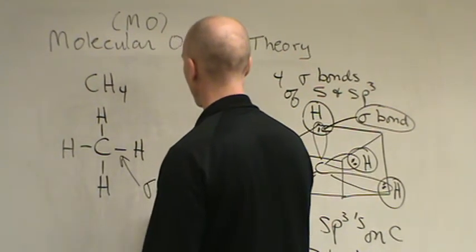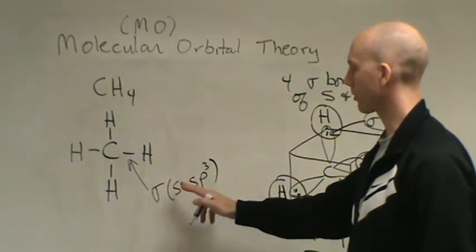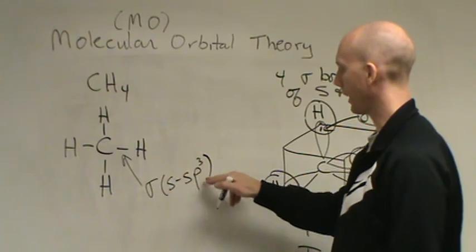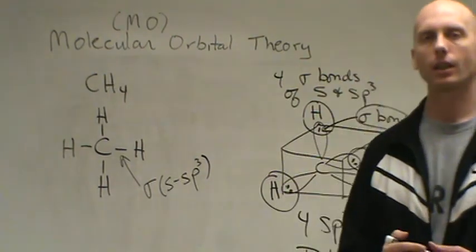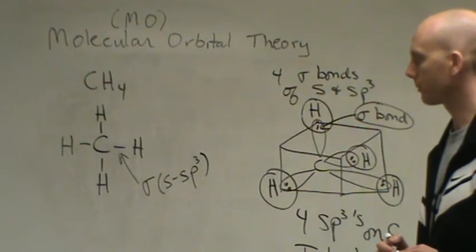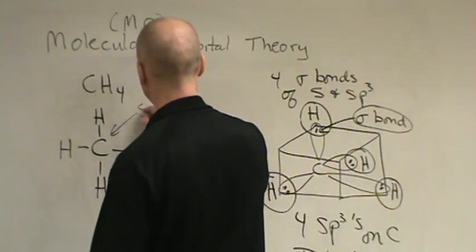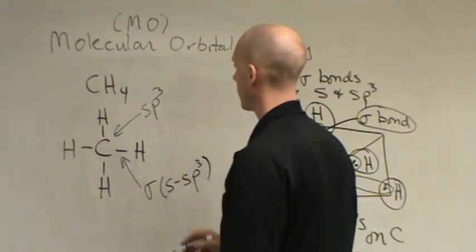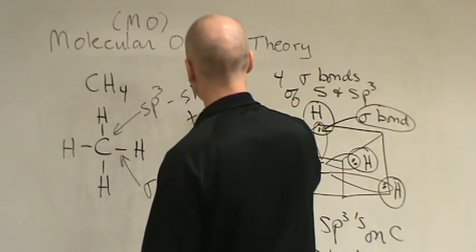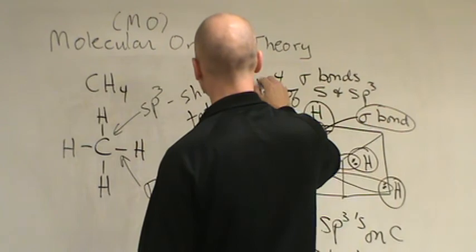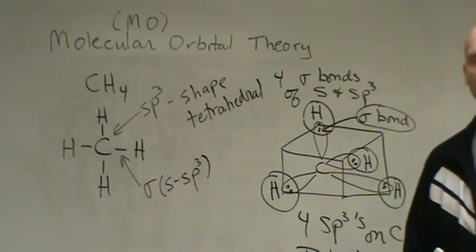These are each a sigma bond of an overlap from an s, from the hydrogen, and sp3 from the carbon. So we've characterized each of those bonds in more detail. So we say the hybridization of this carbon is sp3, and so the shape will be tetrahedral according to how we drew it over here.